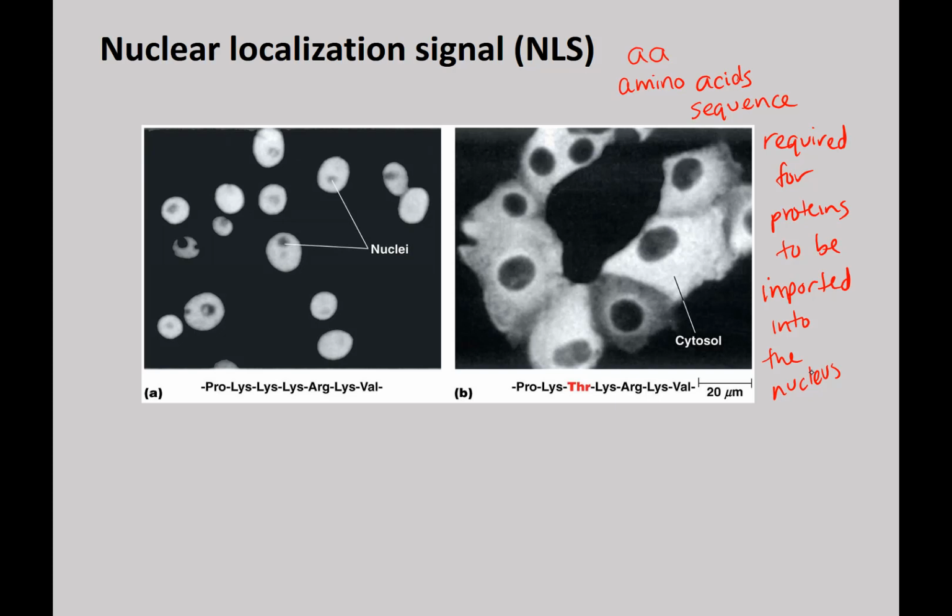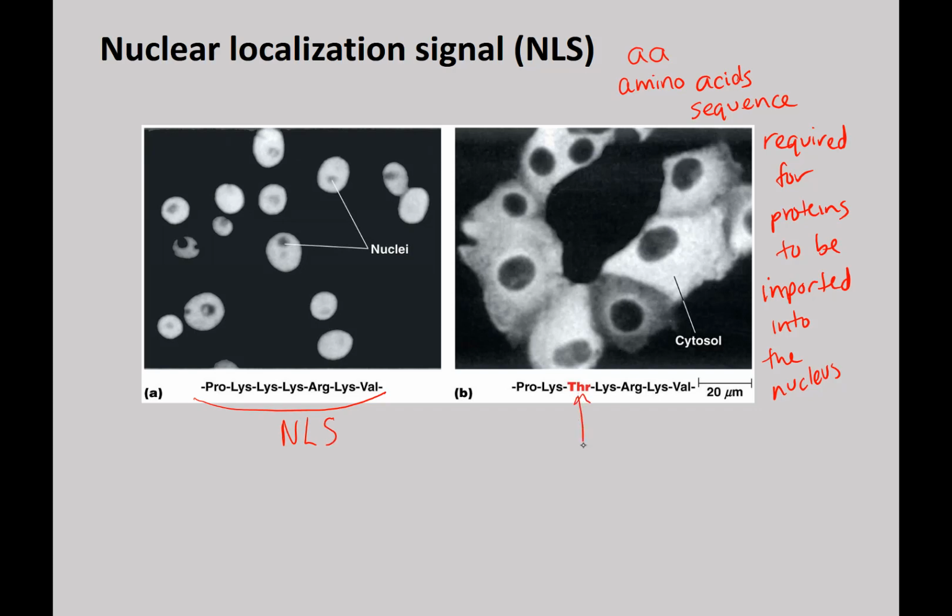And it's interesting, the nuclear localization signals can range in size between 30 and 80 amino acids. Some are what we call monopartite, which means one chunk of sequence. Some are bipartite, meaning two regions are required. But what I want to show you here is the NLS for this specific protein.